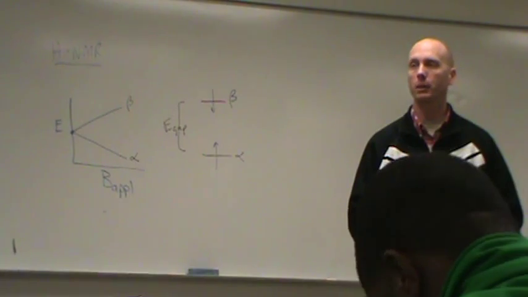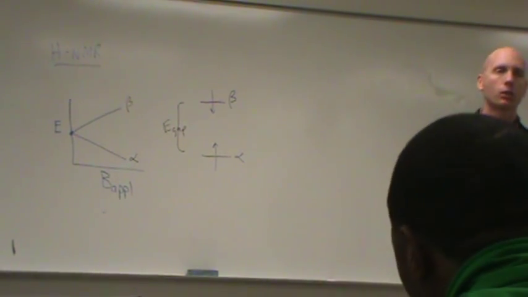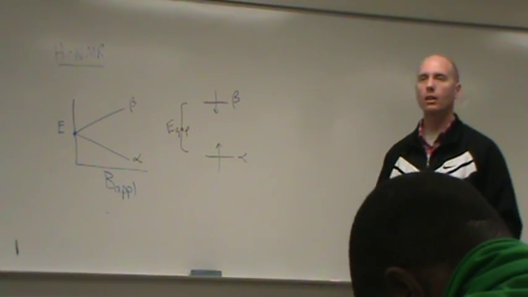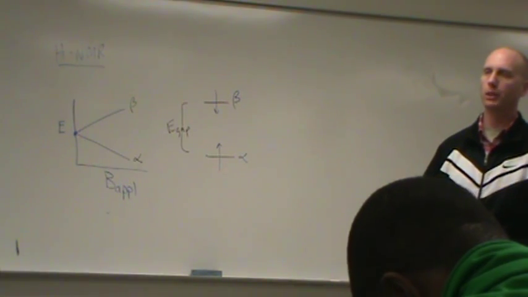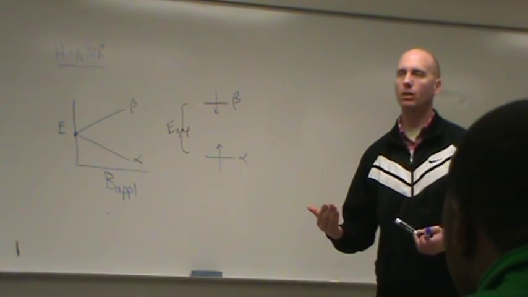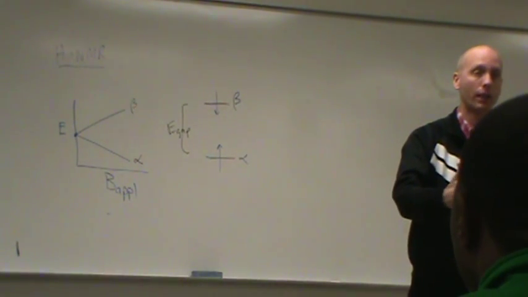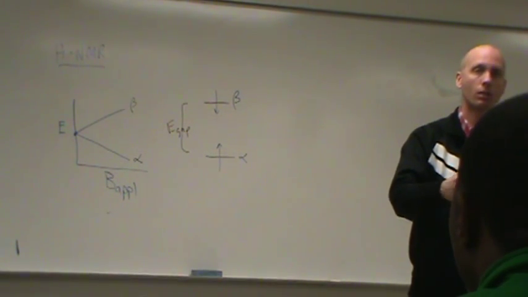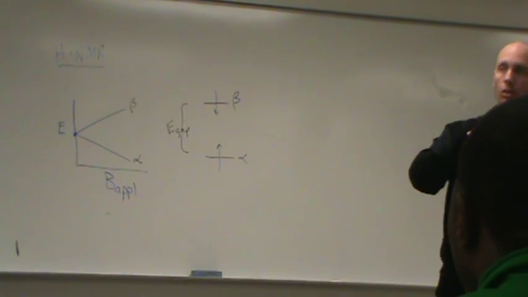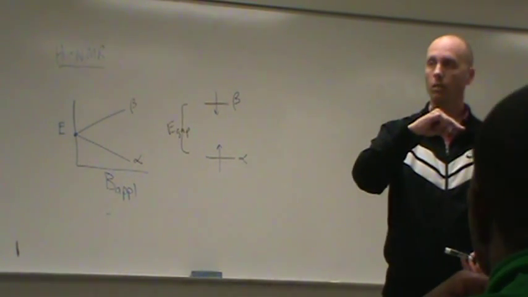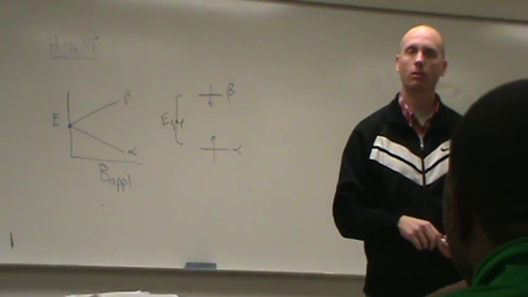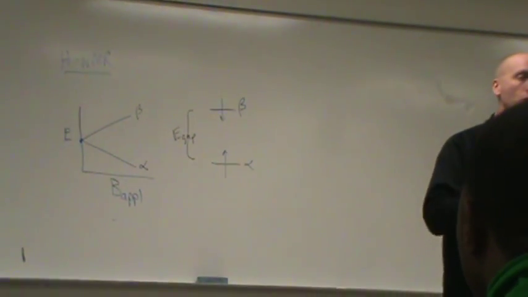UV spectroscopy, molecular orbitals. What happened in UV spectroscopy? What did we do? We applied UV energy, and what happened? The HOMO went up to the LUMO, right? We got a transition.